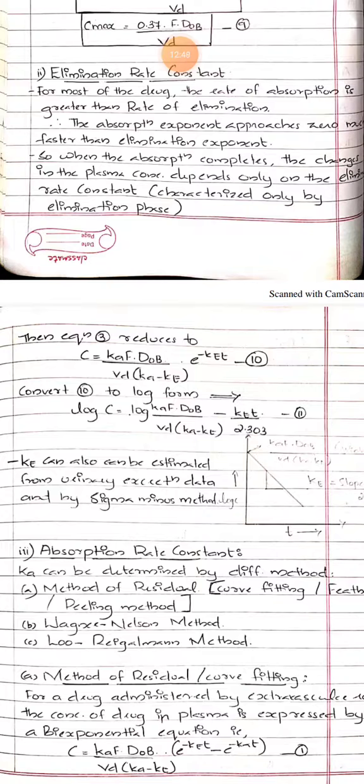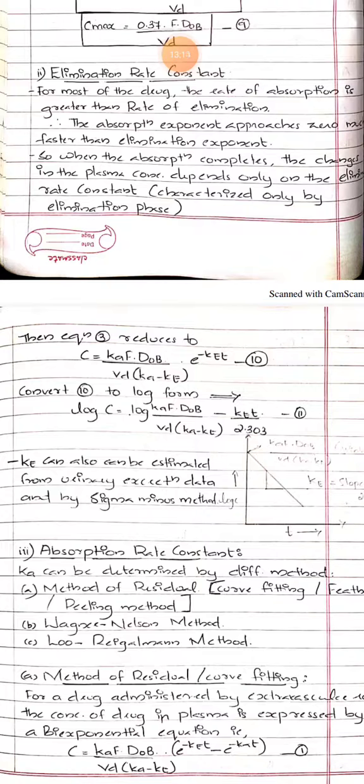So when absorption completes, only the elimination rate controls the concentration of the drug in the body, and it is characterized only by the elimination phase. By that statement you can exclude the absorption exponent and write C = Ka × F × D0B / (Vd × (Ka − Ke)) × e^(−Ke·t).